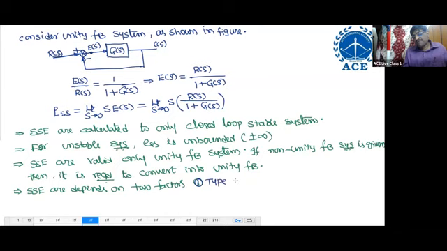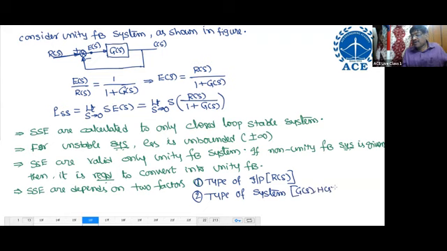Second one, type of system, that is G of s, with H of s equal to 1. Steady state errors are calculated only for stable systems.